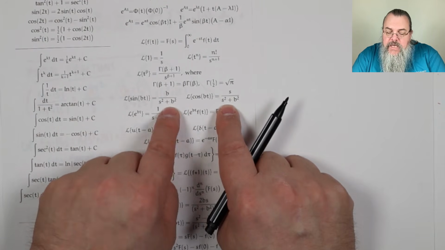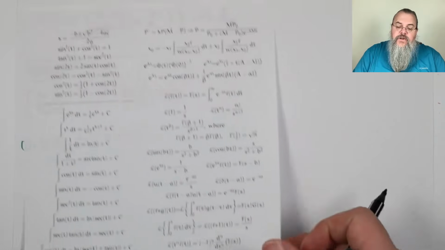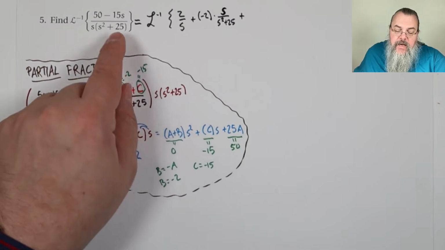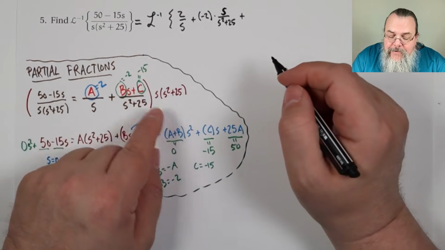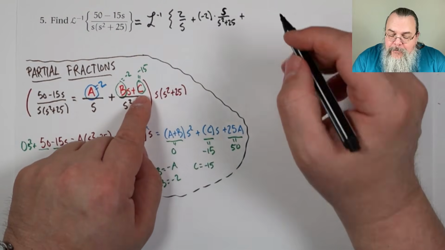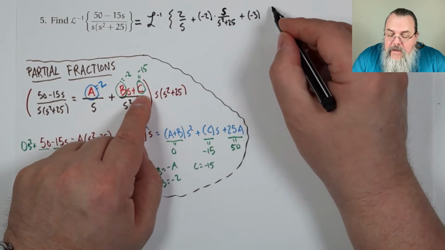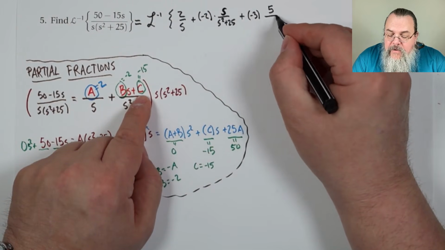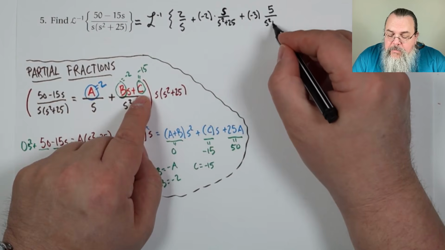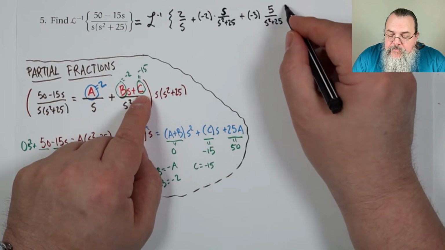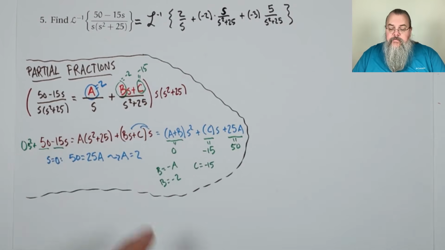B squared, b upstairs. So I'd want the other term to have a 5. Well, right now it's going to have negative 15. So I'm going to pull out negative 3 and write a 5 over s squared plus 25. Now, we're in good shape.